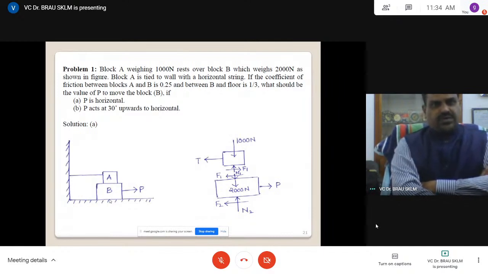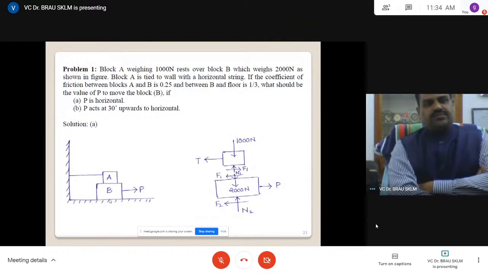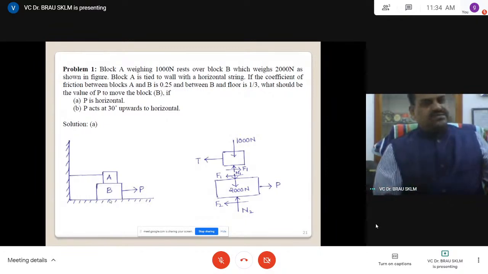The first one is P horizontal, the second one is P acting at 30 degrees upwards to the horizontal. 30 degrees, that is inclined.